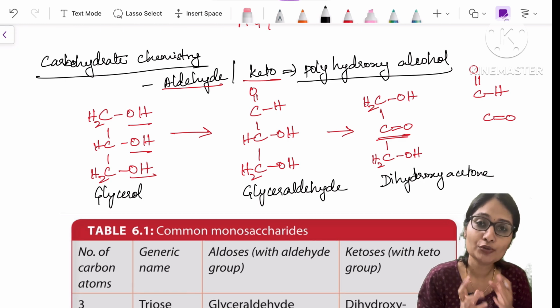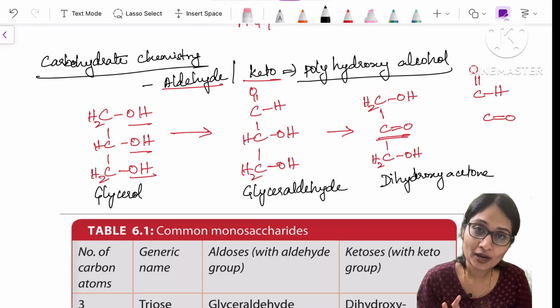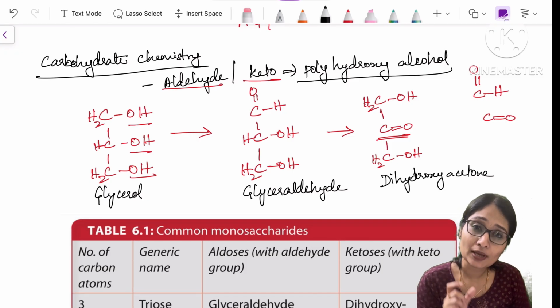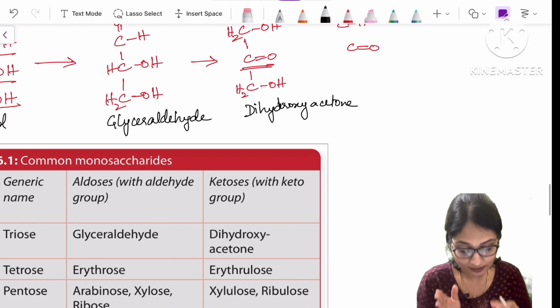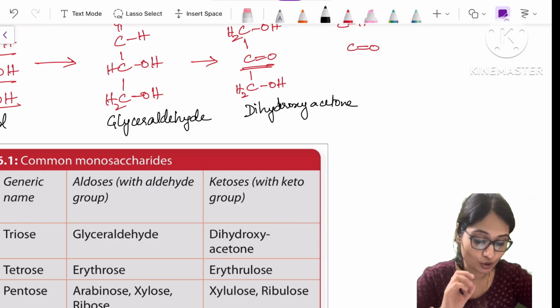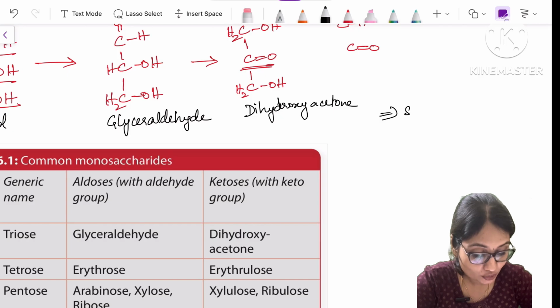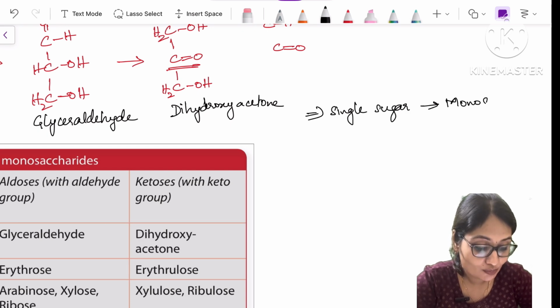Now let's talk about the classification of carbohydrates. Carbohydrates are classified based on the number of sugar units they contain. If it contains a single sugar unit, such as glyceraldehyde or these sugar components, it is called a monosaccharide.